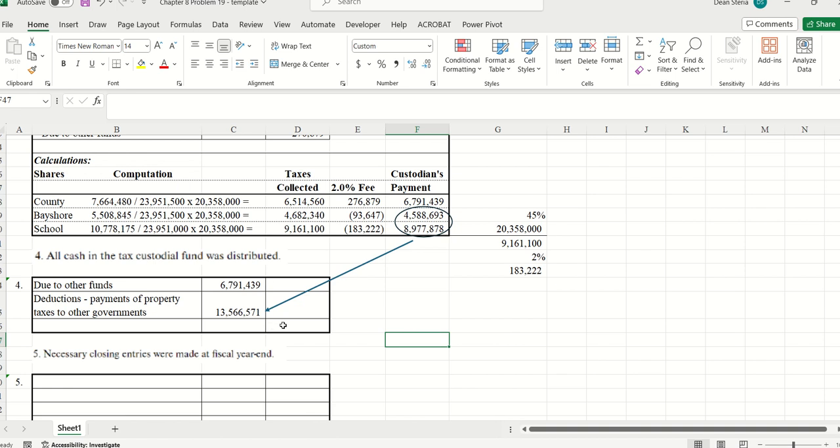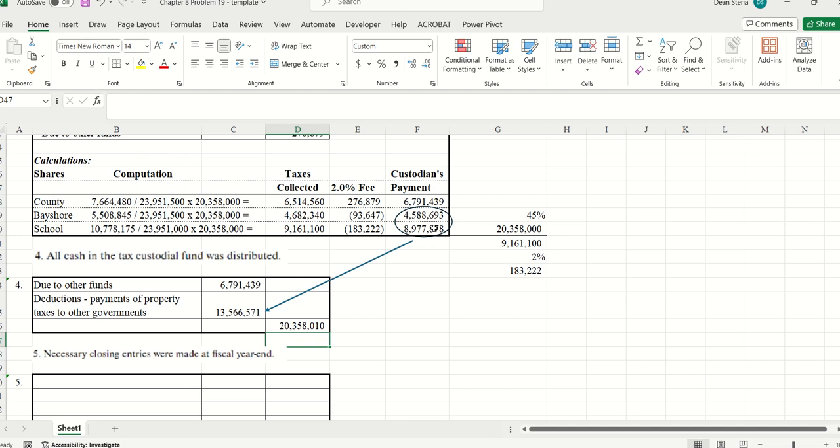Okay, total those, and then for here we're just going to total those two, and it gets to the 2358, which is the amount we collected. So the 67 is going down here to do the other funds. That's staying here.